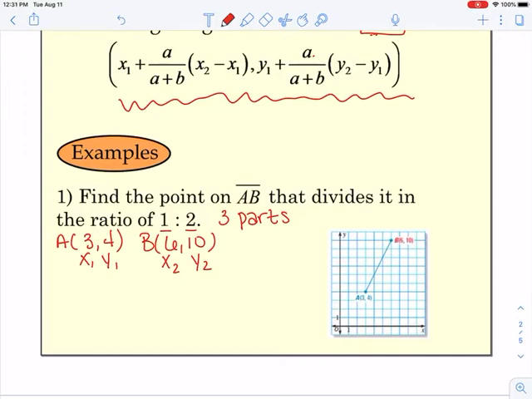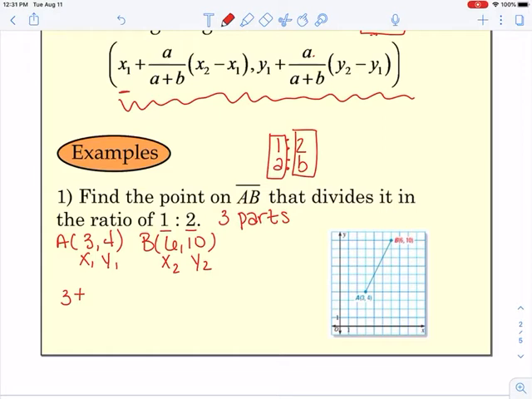Okay, so the first thing inside our set of parentheses is x1. In our case, x1 is 3. To that, I'm going to add a over a plus b. So when I'm looking at my ratio of 1 to 2, let me just write it up here so I can see it a little better. That's a to b, which means that a is 1 and b is 2.